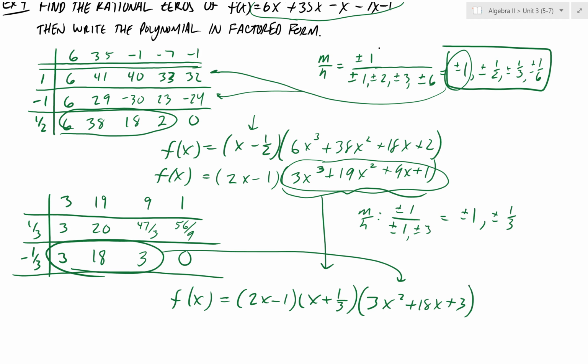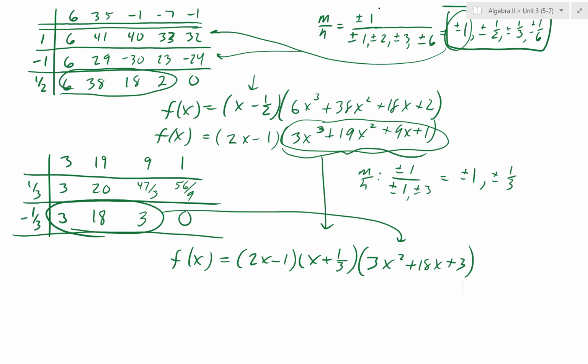What do you notice about that new quadratic? They all have factors of 3, which we want to apply to this middle factor, so it becomes 2x minus 1, 3x plus 1, and x squared plus 6x plus 1.